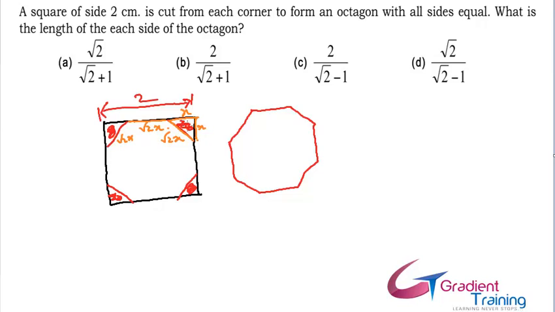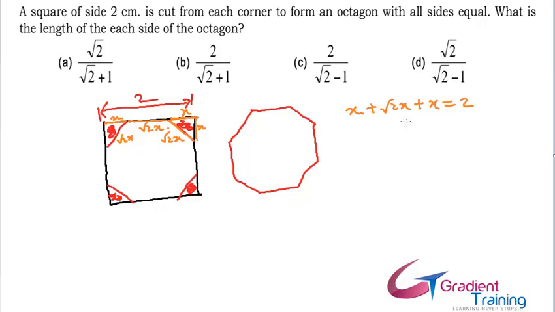We just have to realize that this part is x, then this part will also be x by symmetricity of the question. And now we have this entire side broken in 3 parts. The length of the 3 parts are x, root 2x and x, and adding all this should give us the side of the square, that is 2.